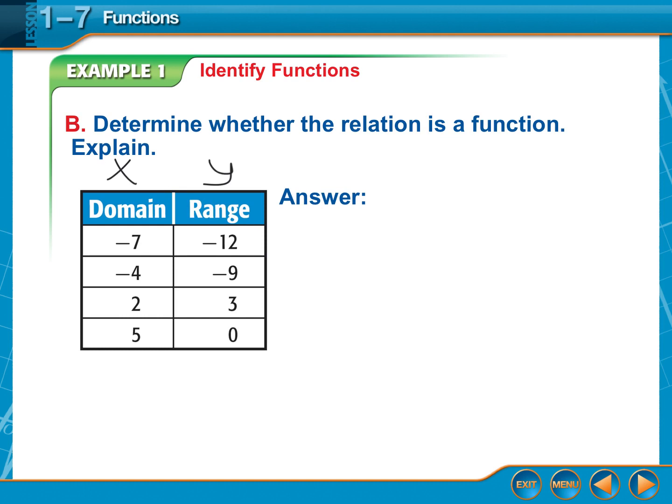Do any of our x's repeat in that domain column? No, so our answer is yes. Can y values repeat? Yes. So let's say if I had 6, 3. Is that okay? Yes. Okay, they can have the same y coordinate. They just cannot be from the same x.